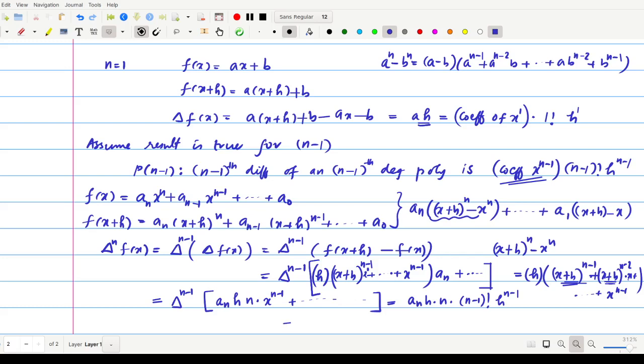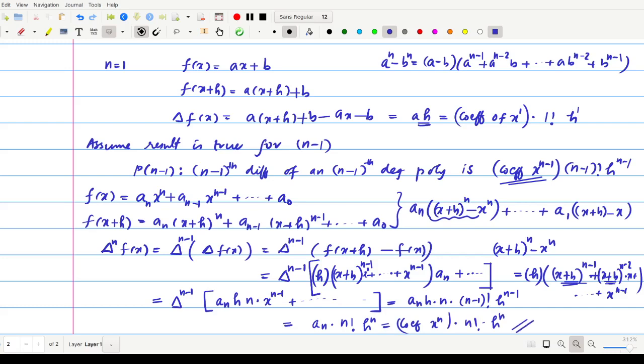So when you consider all these, you can write a_n times n into (n minus 1) factorial as n factorial, and h times h raised to n minus 1 is h raised to n. So this is nothing but the leading coefficient of x raised to n in f(x), the coefficient of x raised to n times n factorial times h raised to n.